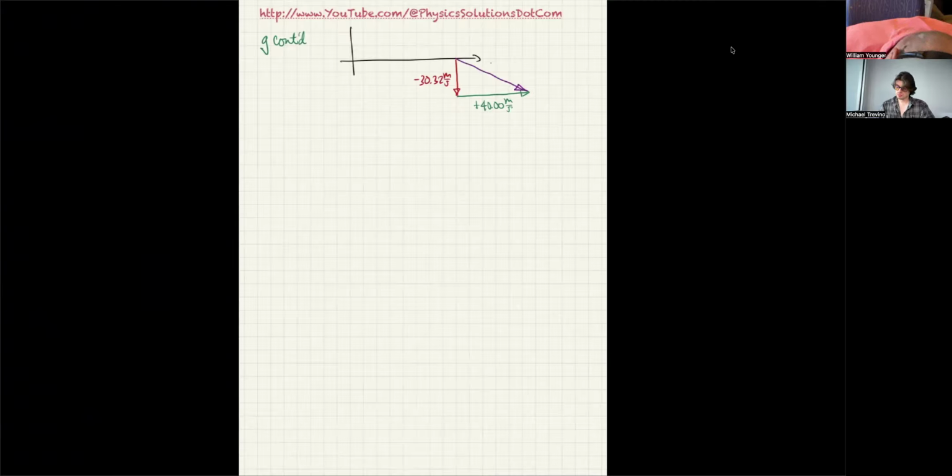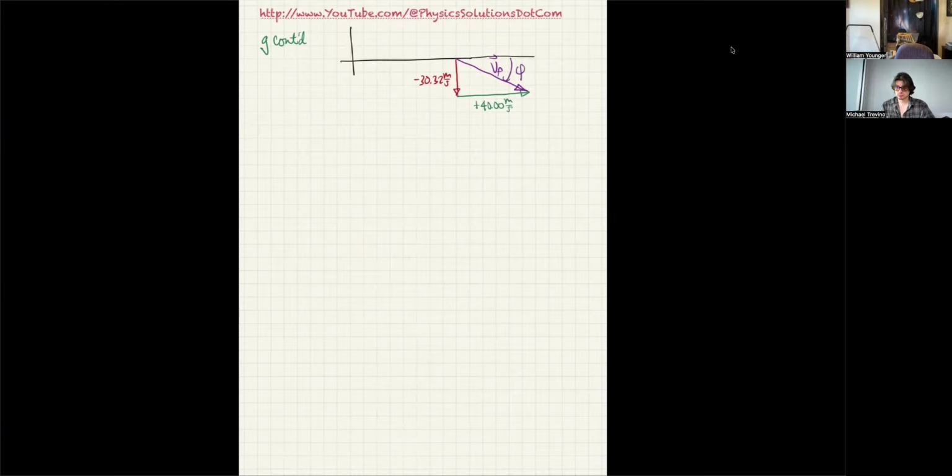That means the final velocity, v final, is given by this, and I'm going to call this angle... Let me go ahead and redraw this a little bit. I'm going to get rid of that, and I'm going to take this black pen and draw it a little further along, and I'm going to say that this angle right here is phi.